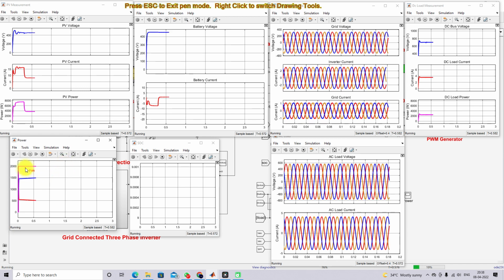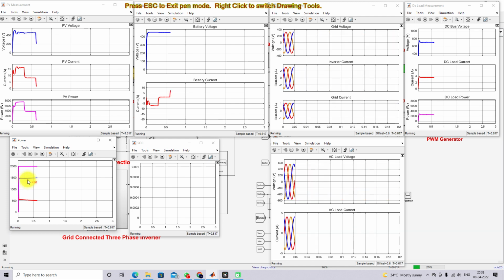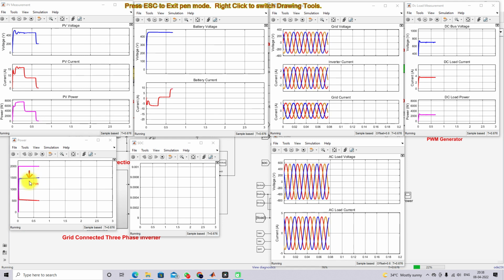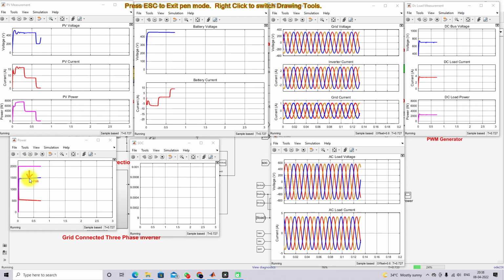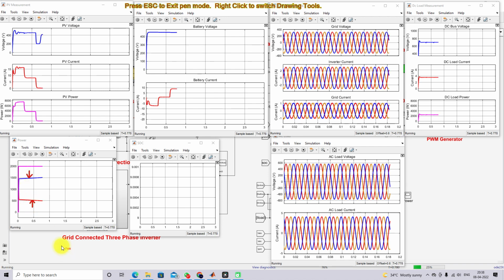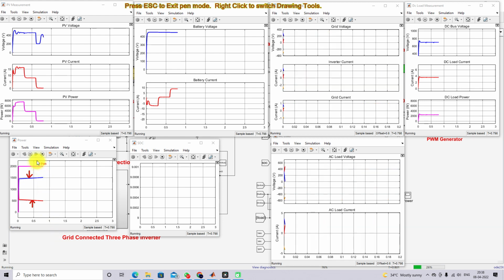It's around 2000 watts, and then this power is given to the grid via the inverter. So the power is around 1500. Here the load is 2000, we are sending only around 1500 watts. So the remaining power is taken from the grid in order to drive this AC load.